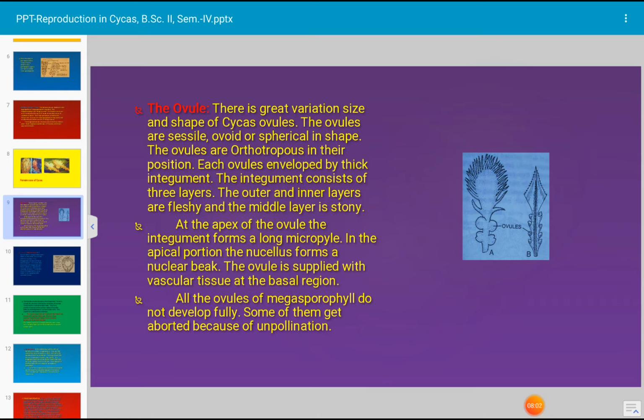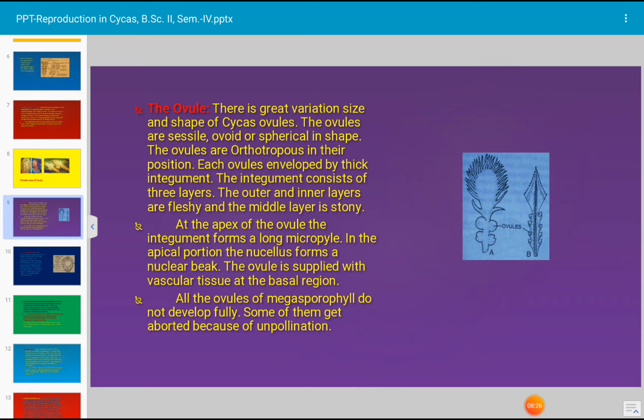At the apex of the ovule, the integument forms a long micropyle in the apical portion, and the nucellus forms a nucellar beak-like structure. The ovule is supplied with vascular tissue at the basal region. All the ovules of a megasporophyll do not develop fully.